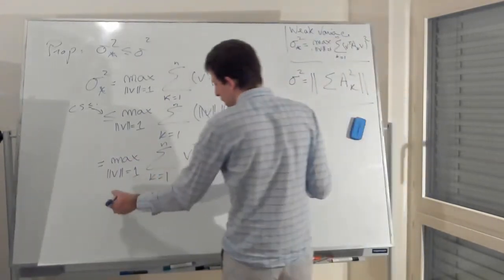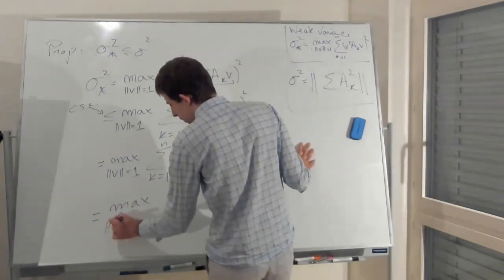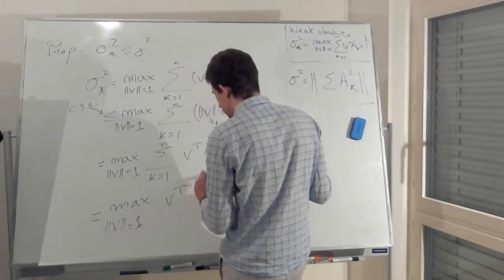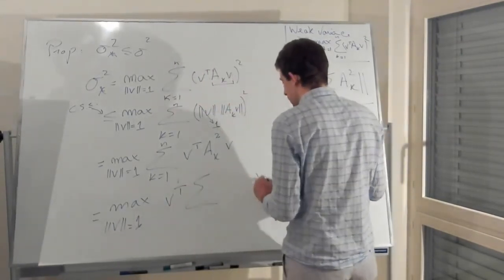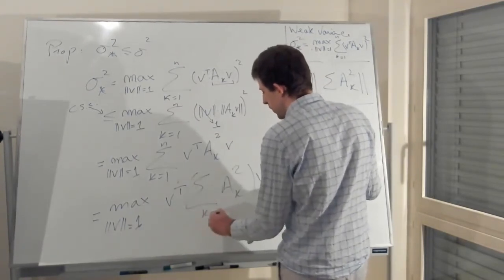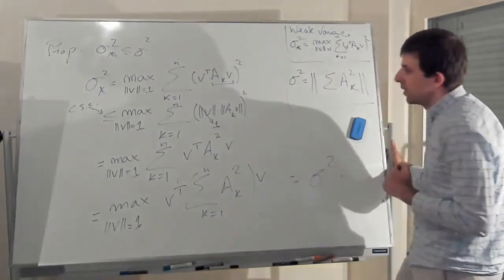And now the v can come out outside of the sum. And this is exactly sigma squared.